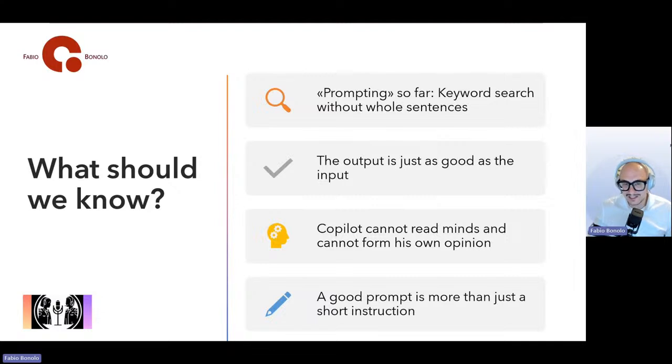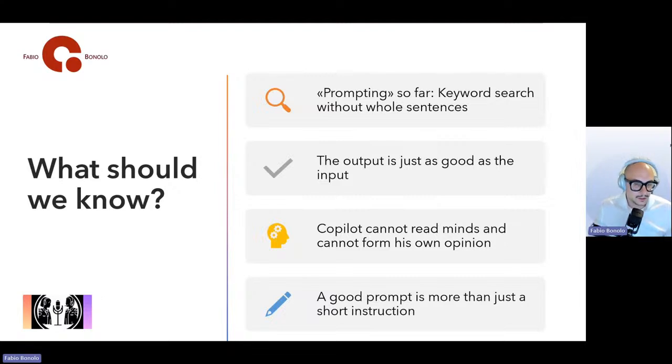For the technicians around you that are listening, prompting comes from the really old world of Windows DOS. So prompting is also a technical expression, but in terms of using it in Copilot, I think of the keyword search and the style of writing that we actually have. I will go into that in a few seconds.